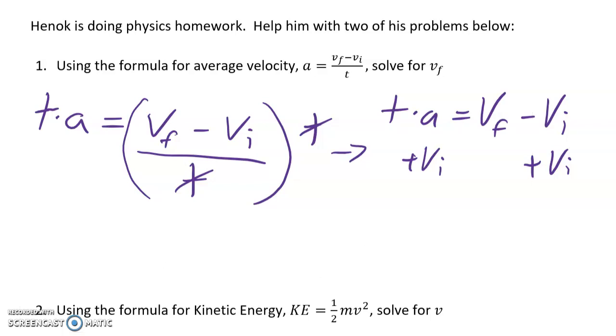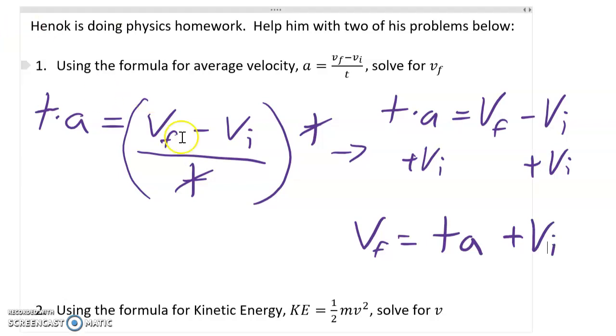So I get a final answer. I'm going to flip this around and put v sub f right here. And my final answer would be t times a. I just write those together. I could put a little dot between them, but that's t times a plus v sub i. Not too bad. Let's look at another one.